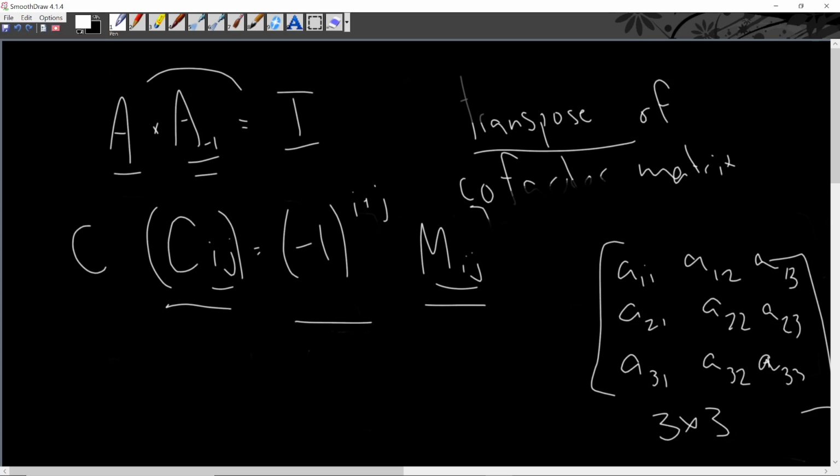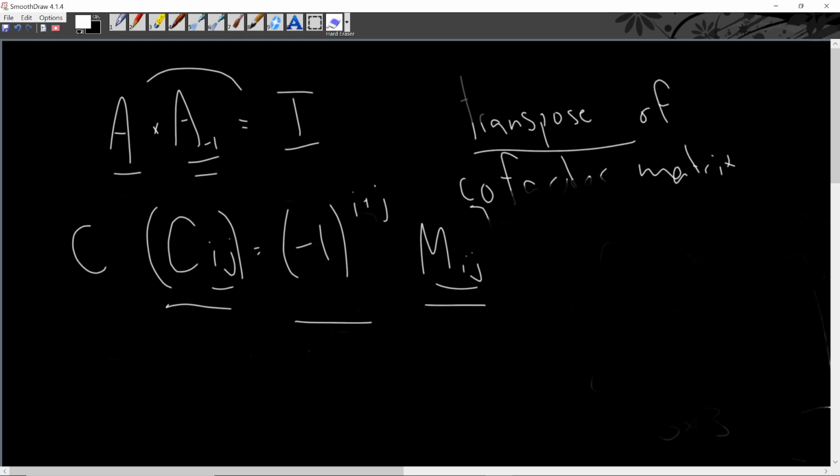You block out the row and column like this, and you have A12, A13, A32, A33. Find the determinant, multiply it by -1 to the power of 2 plus 1. A22, same thing. A23, A31. You have to do that individually for each and every part. And the minor is just the determinant of that 2x2 matrix that's left.